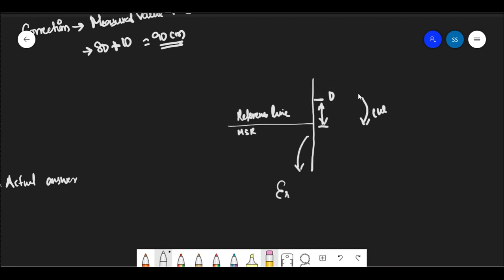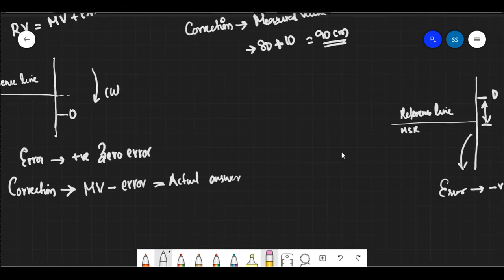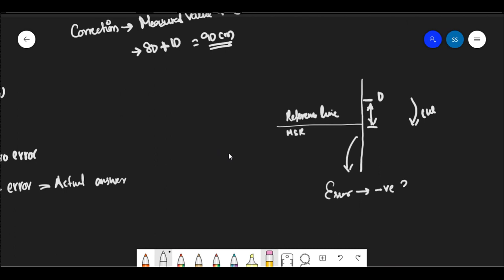So this is what we call a negative zero error. When it is negative zero error, what is the correction we have to do? The real value is equal to the measured value plus the zero error.